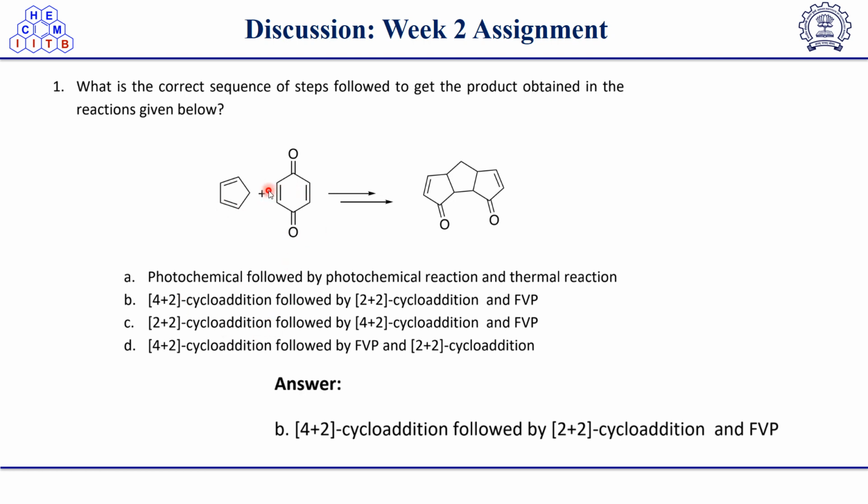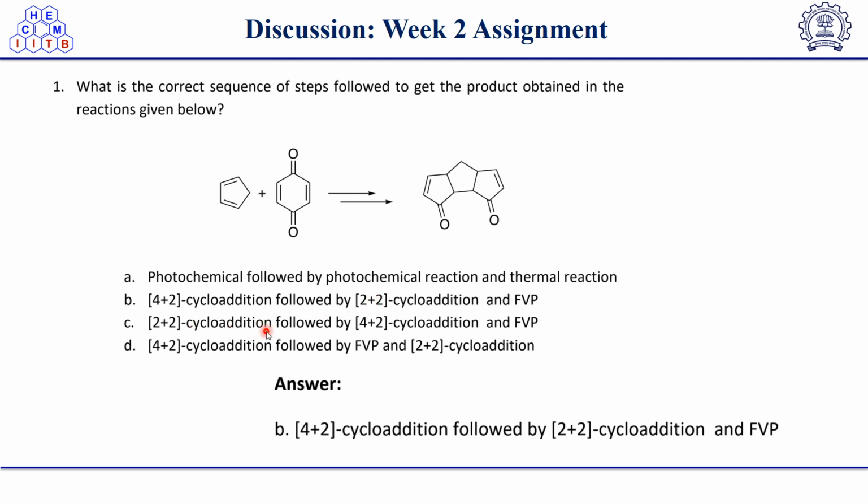As a result of that 4+2 cycloaddition, a cyclohexene ring will be formed. In that cyclohexene one double bond will be present, and already one double bond is present in the system. So, in the second step, those two double bonds will undergo a 2+2 cycloaddition reaction, and it will result in the formation of Cookson's dione.